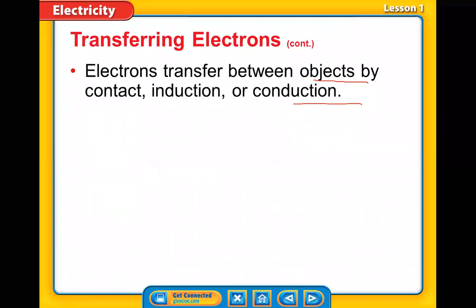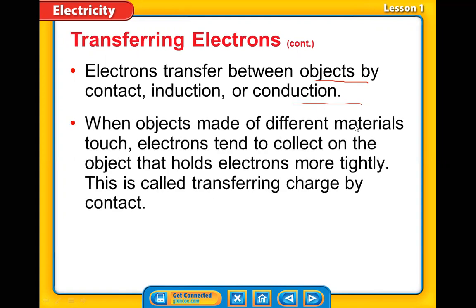How can the electrons transfer? We have three ways to transfer the electrons from one object to another object. They are contact, induction, and conduction. The three ways are different from each other, but when the electrons transfer between conductors or insulators, this way is done by contact. What is the contact way? The one that we're going to study today.